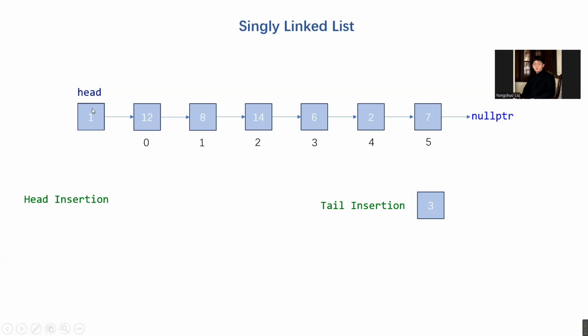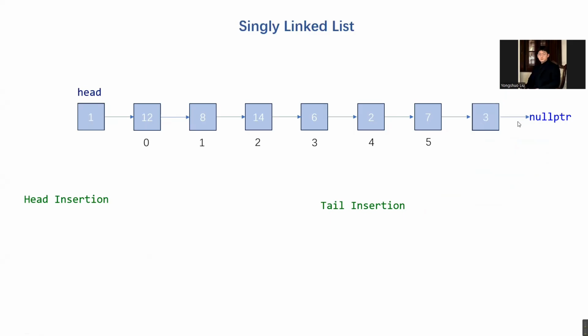So we traverse from this one to this one to this one until we find the node whose next is equal to a null pointer. This one should be the last node, right? So we set the last one's next to point to the new node, like this. In this way, we can achieve the tail insertion.